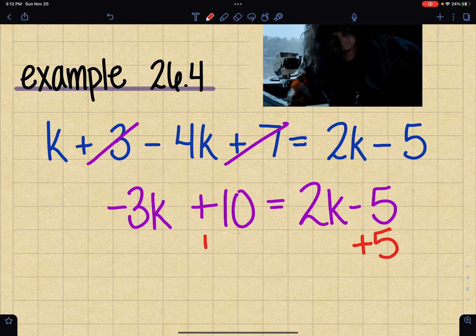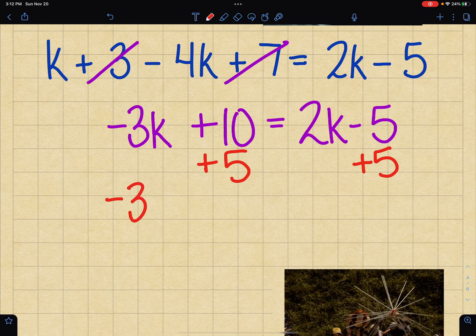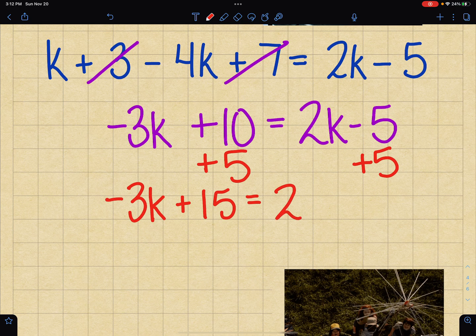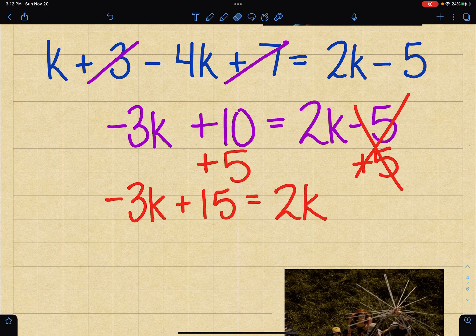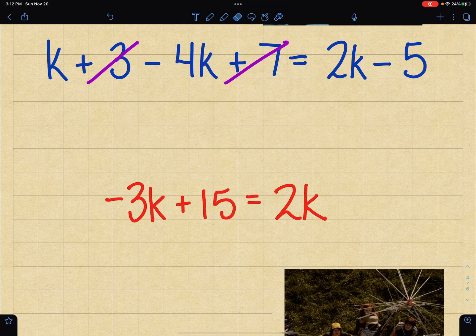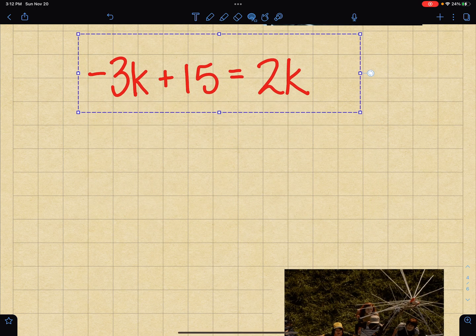Let's get rid of that 5, plus 5. Everything else, I'm just going to bring it down. So minus 3k plus 15 equals 2k, and those 5's cancel out. Okay? All right, sweet. Now I'm just going to erase some of this so that I have more room to do the problem, and you can see it.